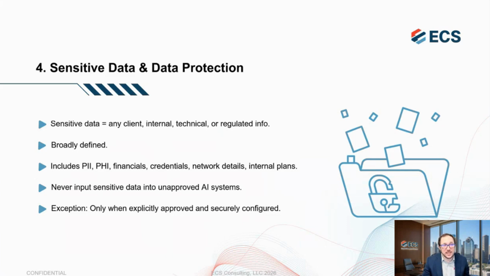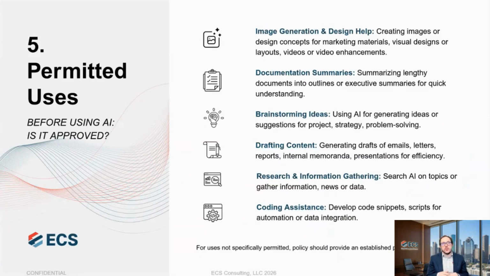As you define this, you want to determine what is the permitted use and what is the non-permitted use. With AI, you could have AI that is part of your company, like Copilot, where you could have confidential information, and then you could have something like Google Gemini or something else that's not part of the company.